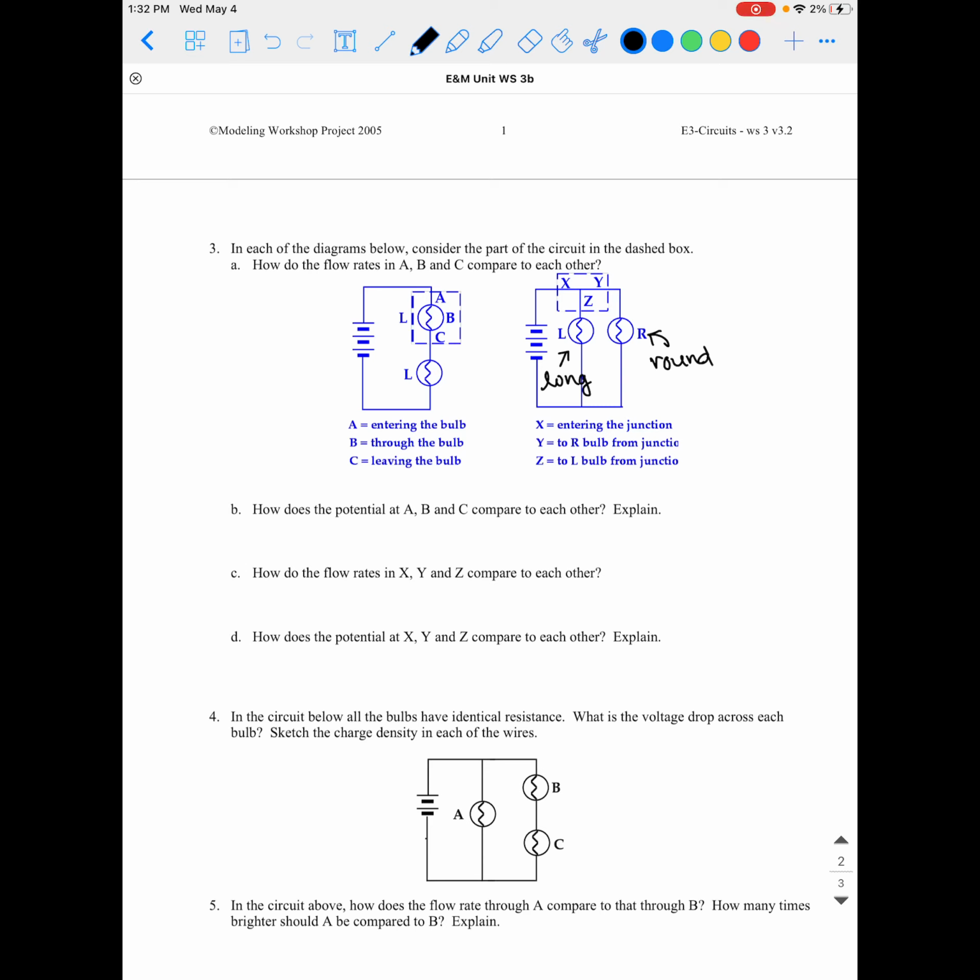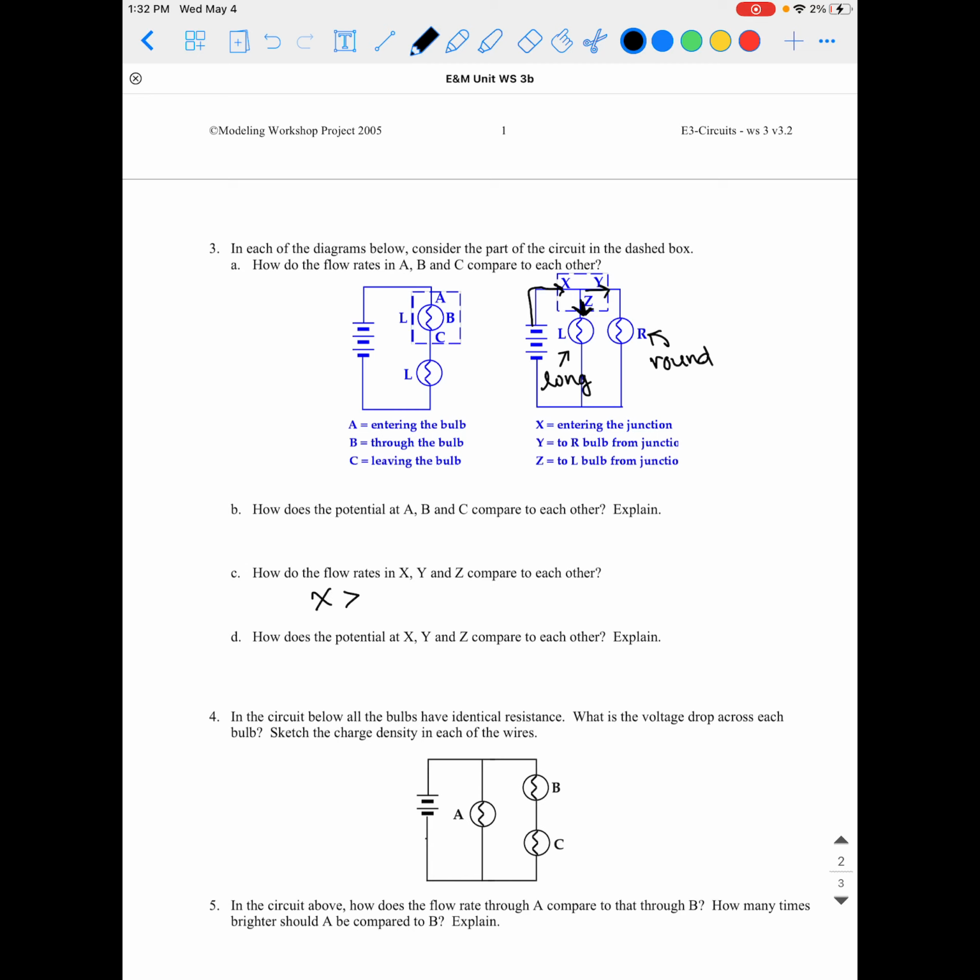So first of all, the current that comes out of the battery is going to be all of the current, all of the charges, so that's always going to be the greatest flow. And then once we break off into X and Y, we know that those charges are going to split.